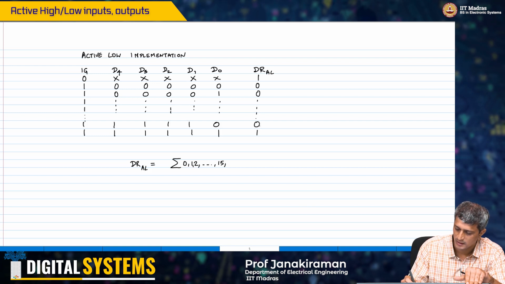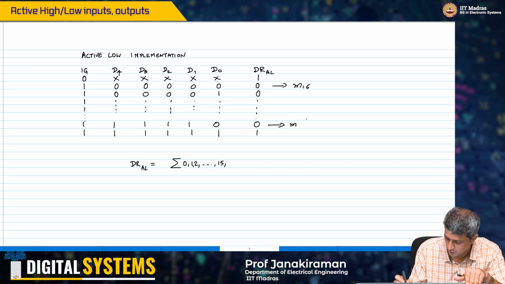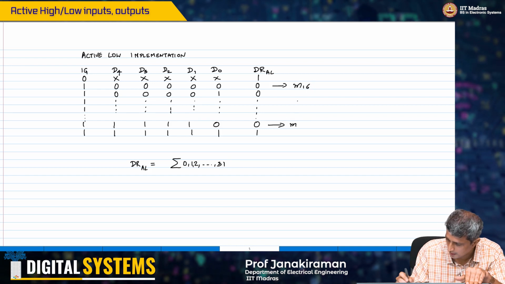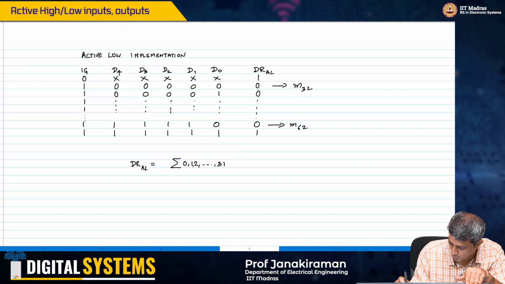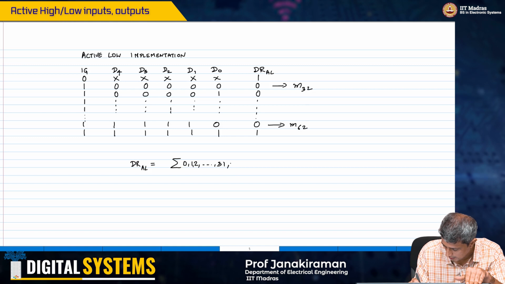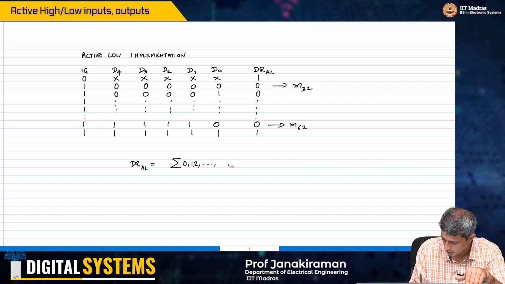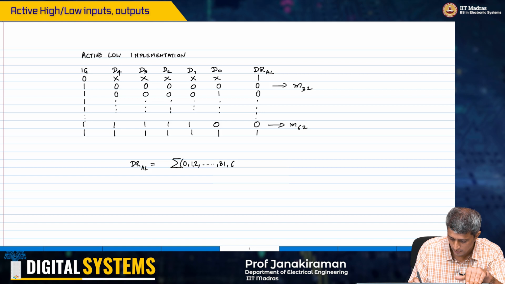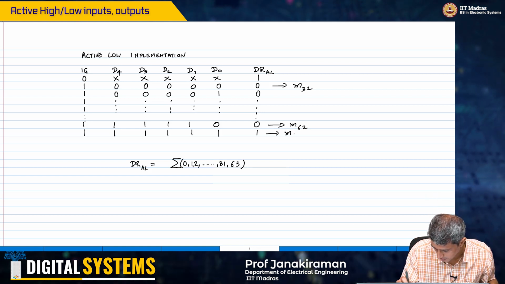Okay, then this is minterm 31, this is minterm 32, minterm 62, right, 31, 32, they are all 0, sorry, so they will not appear here, and finally you're going to have minterm 63, because this is M63.